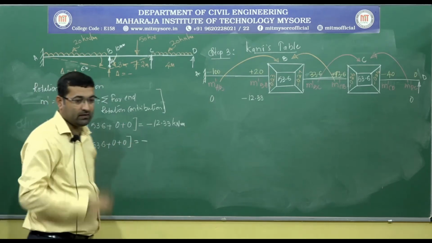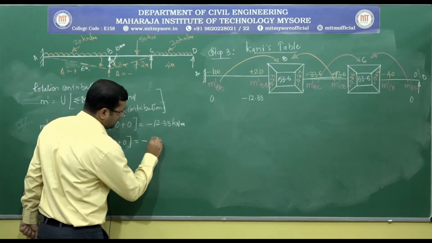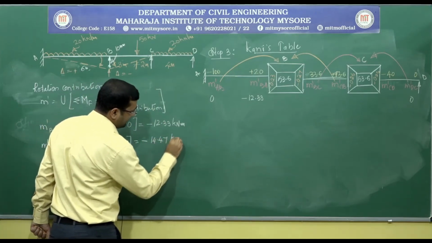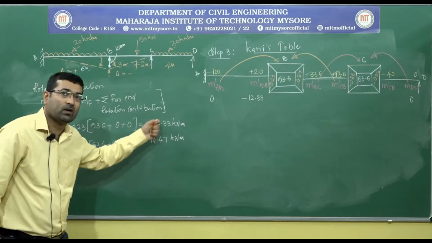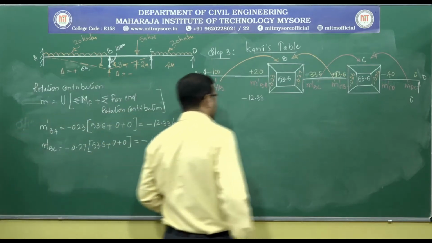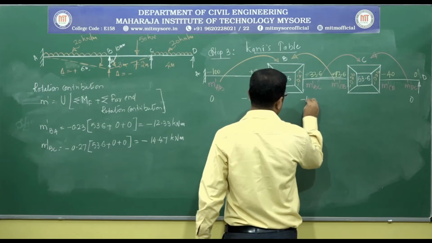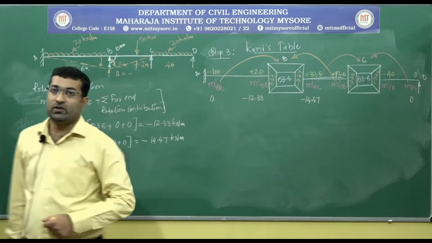This gives me a value of minus 14.47 kilonewton meter. So now I have calculated the rotation contributions for joint B, which we represent here. This is minus 14.47.